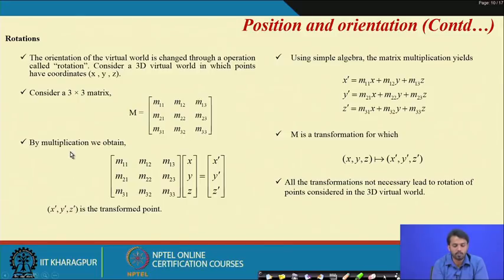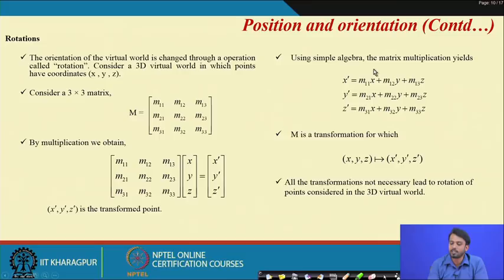By multiplying, we obtain the matrix M times the x, y, z matrix, which is the original point we have considered, and this gives the complete transformed point, that is x dash, y dash and z dash. So x dash, y dash and z dash is the transformed point in the 3D virtual world.